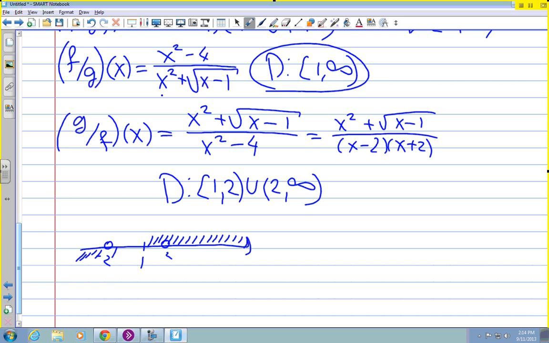Everything else works. So they overlap from here to here, and then from there to infinity. But I need both of them, so that's why I'm taking the union of them. But yes, I did find the intersection. It's just the intersection happened to be a union of two other sets. Okay?